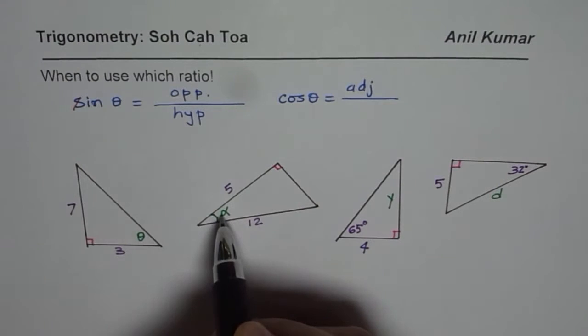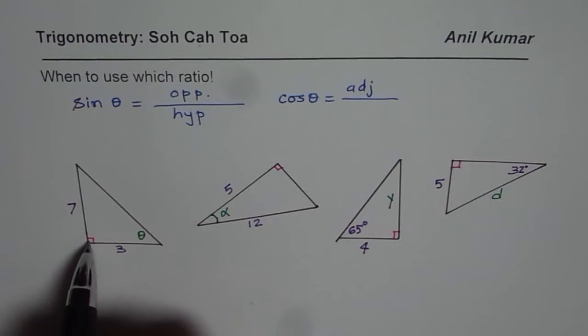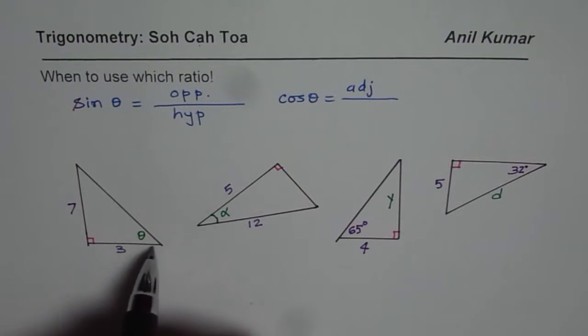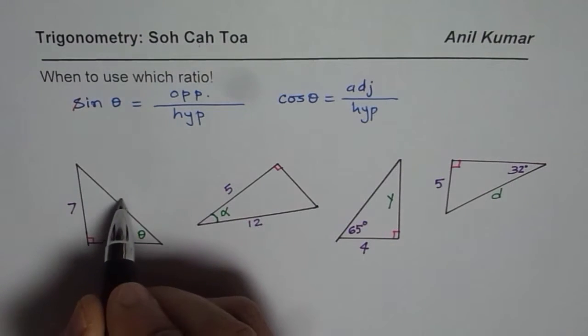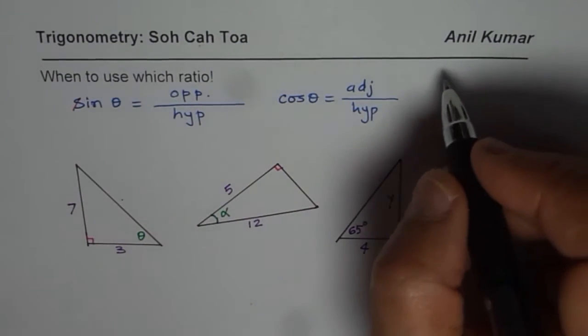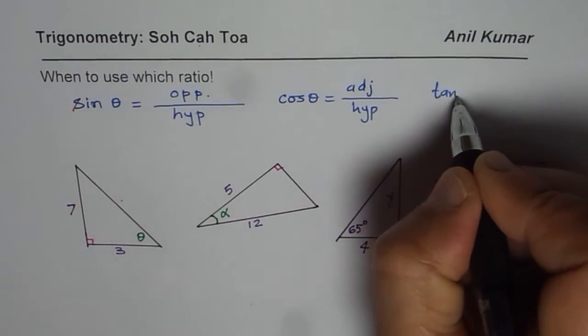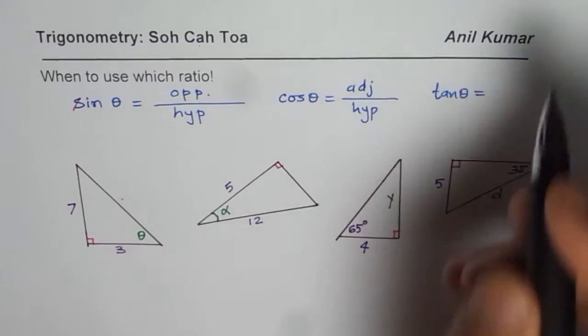So if theta is here, like in this case, then opposite side is 7 and adjacent side is 3, since 90 degrees and theta form the adjacent side. So adjacent over hypotenuse. Now in this triangle, hypotenuse is unknown, right? Okay, now tan theta is what? Lowercase. Tan theta is opposite over adjacent, right?